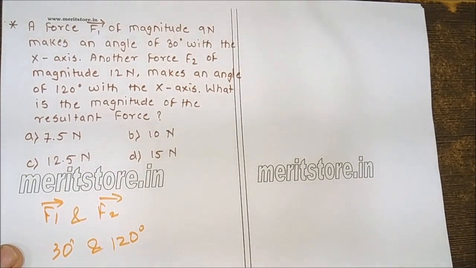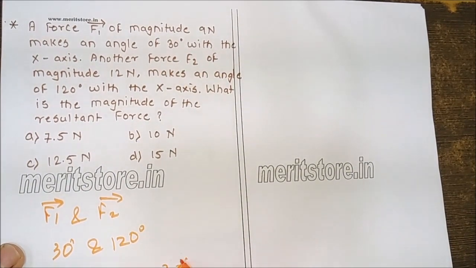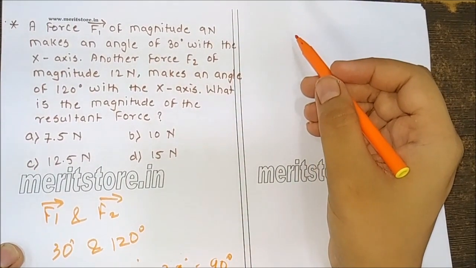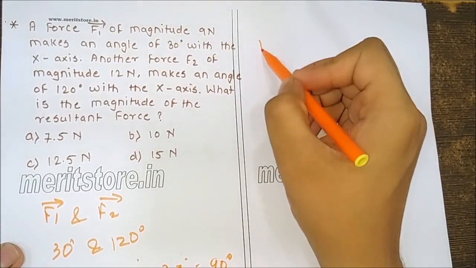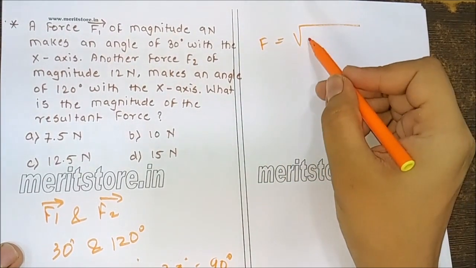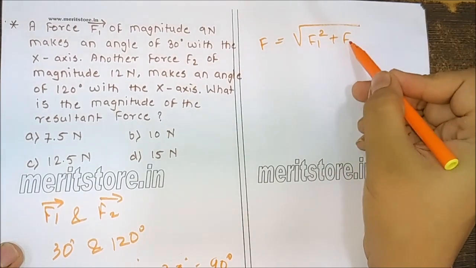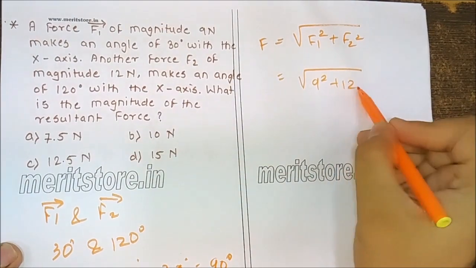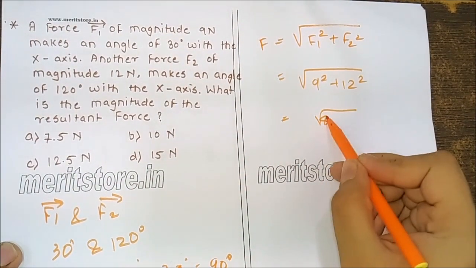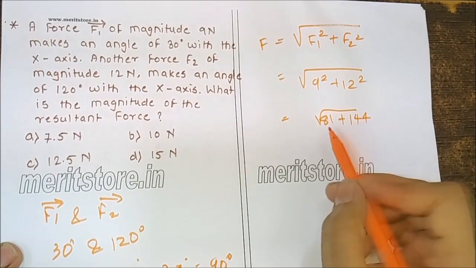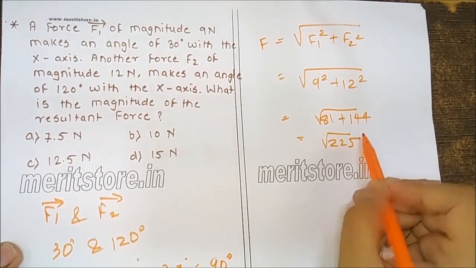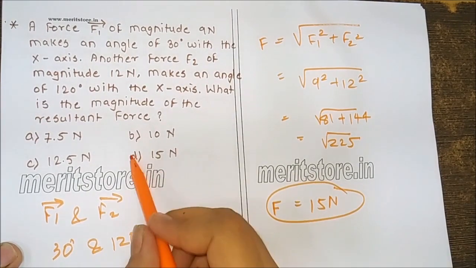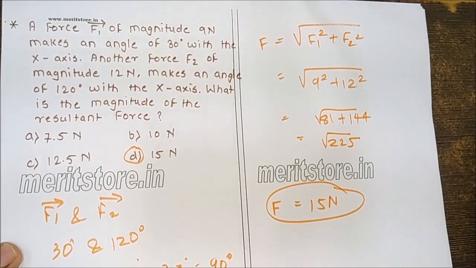The angle between them is 120 minus 30, which is equal to 90 degree. Since F1 and F2 are perpendicular, magnitude of the resultant force can be given by F is equal to square root of F1 square plus F2 square, which is equal to square root of 9 square plus 12 square, which can be now written as 81 plus 144, which is square root of 225. So value for F is equal to 15 Newton. So option D, 15 Newton is the correct answer.